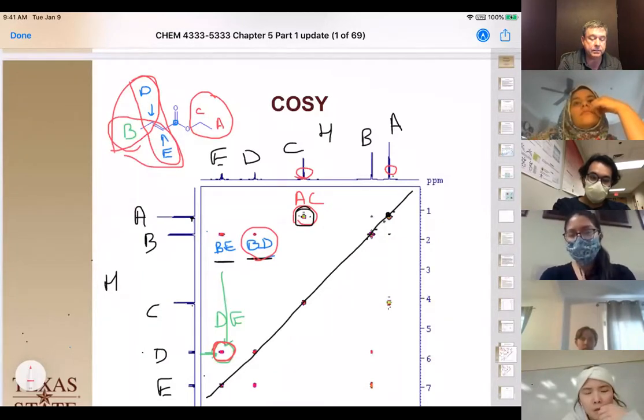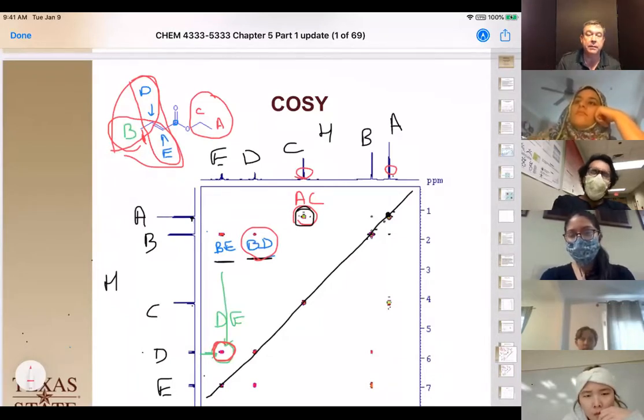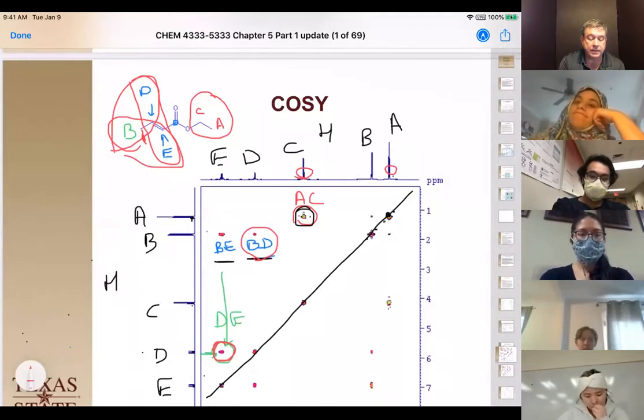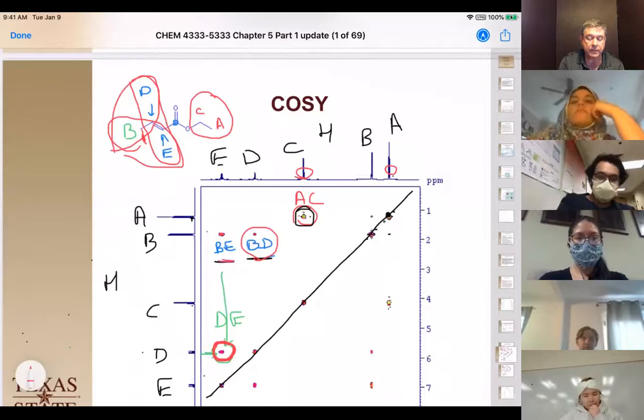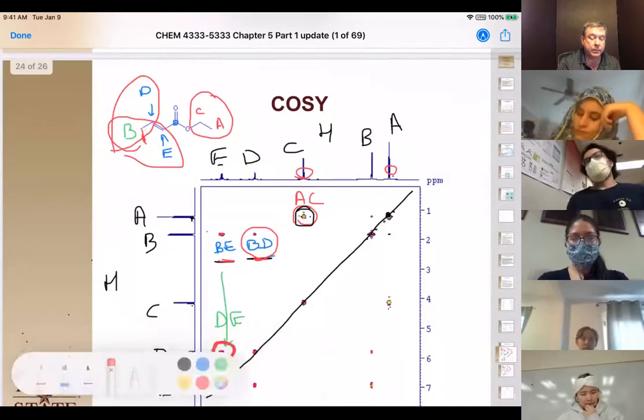Notice that this BE interaction looks like it's actually 4 bonds away right here, but we're seeing it in this correlation possibly because of the double bond or the through space interaction. Okay, so the D and the E are the only ones that are actually connected directly to each other, and then the B is somehow related to the D and the E through direct bonding.